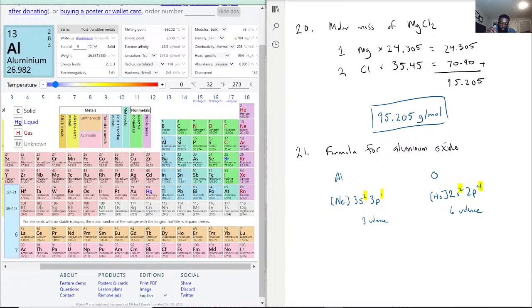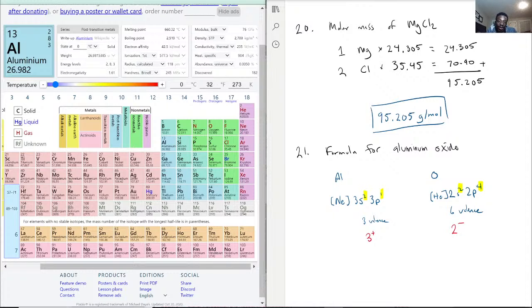So for aluminum to be like a noble gas, would it be easier to go up to 8 or down to 0? It would be easier for aluminum to go down to 0, so it wants to get rid of these, so it needs to go 3+. Oxygen would have an easier time adding 2 rather than getting rid of 6, so it'll be 2-. Now you're probably wondering, how come when I say getting rid of we have a plus?